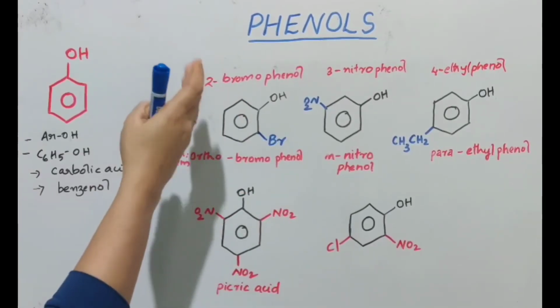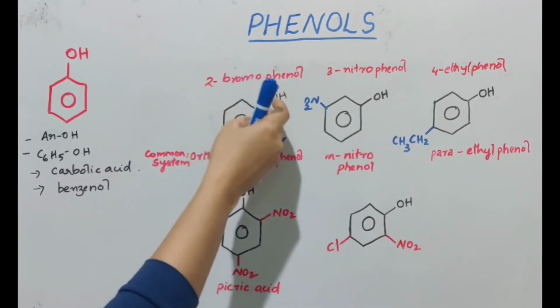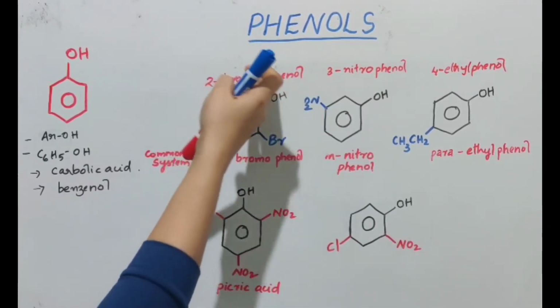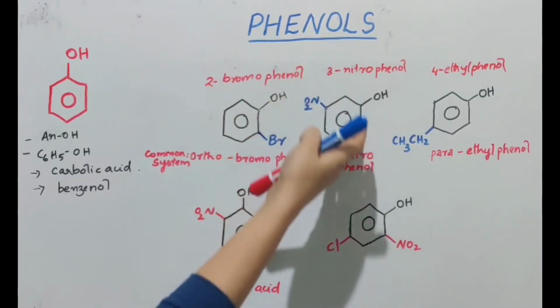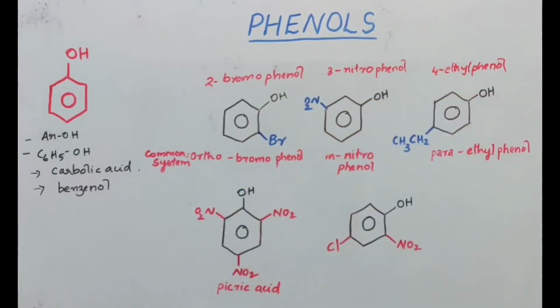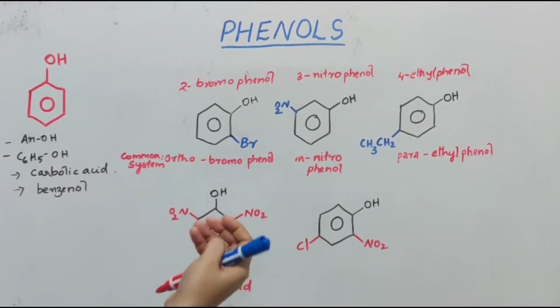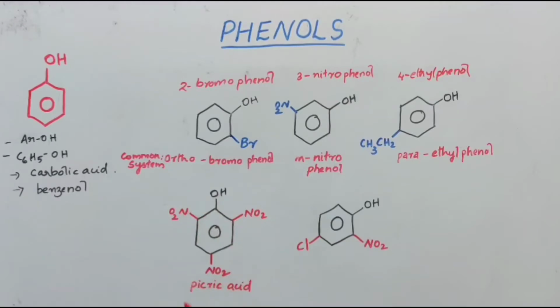That is, in the IUPAC nomenclature system, the substituent position relative to the OH group is mentioned as 2-bromophenol, 3-nitrophenol and 4-ethylphenol. Next, we are discussing phenols having two or more substituents.